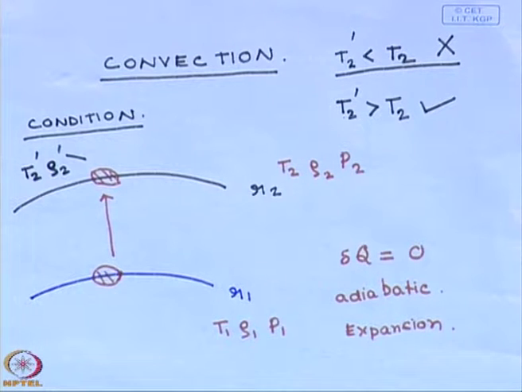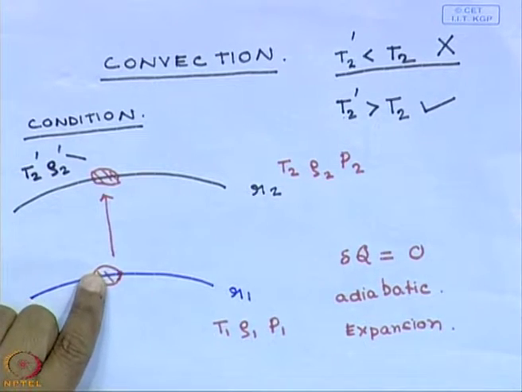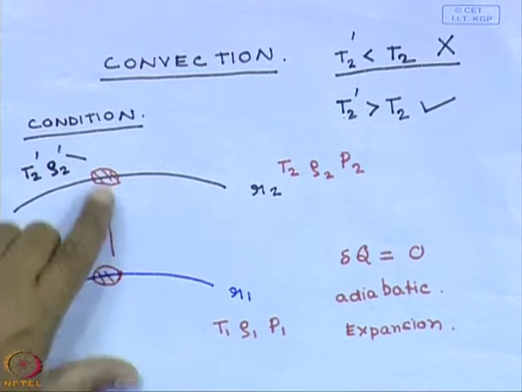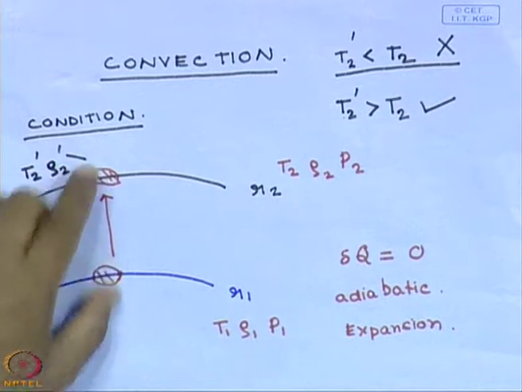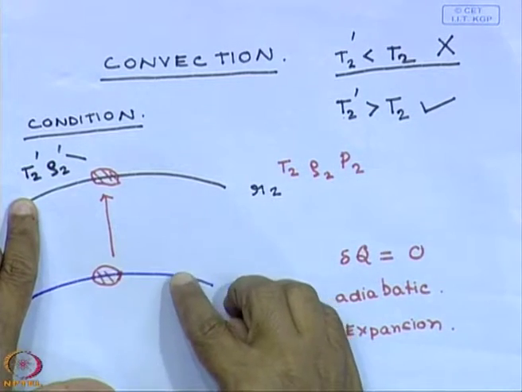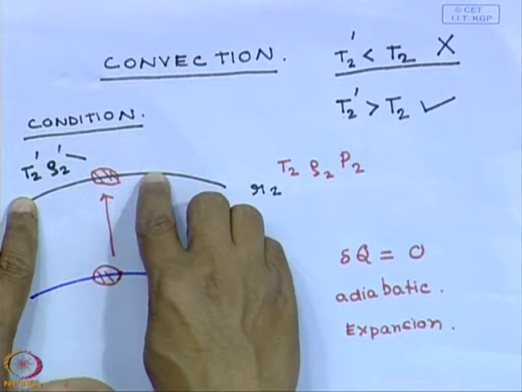Okay. So, let me remind you again, the important criteria is that if I move the bubble from here to here, the temperature of the bubble should be higher than the temperature of the ambient medium surrounding when I move from here to here.